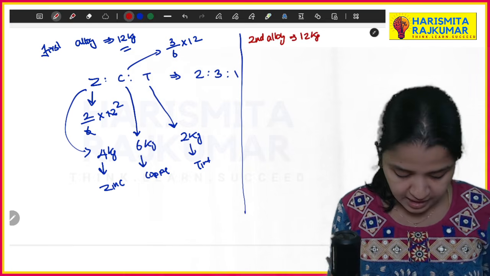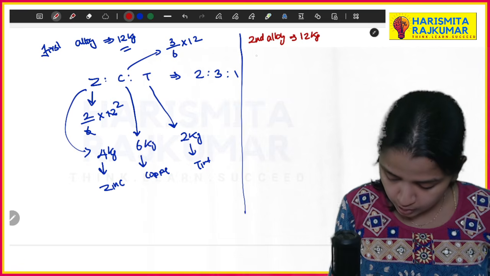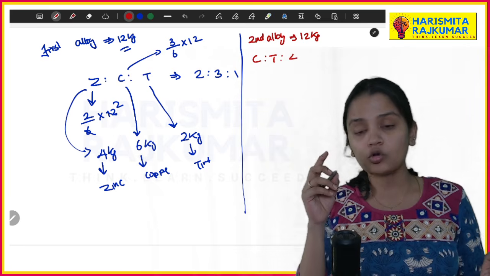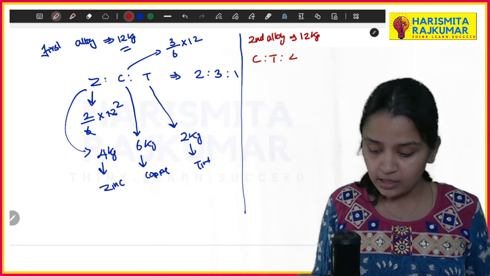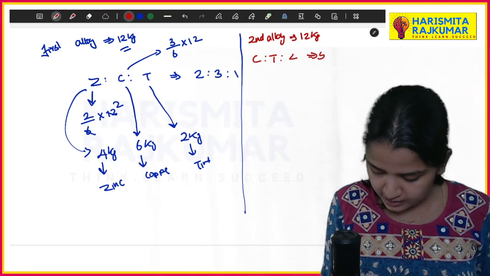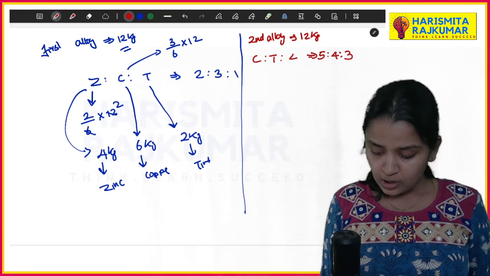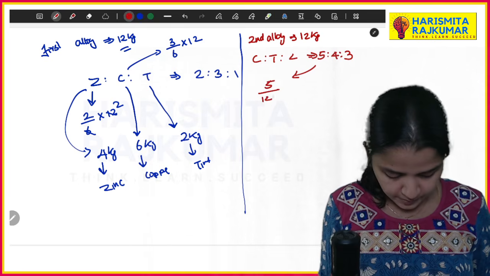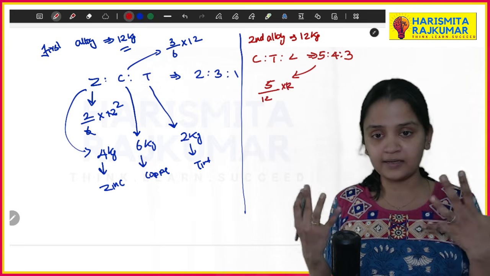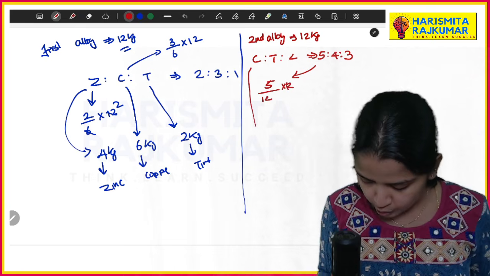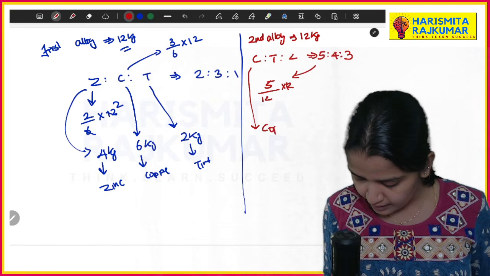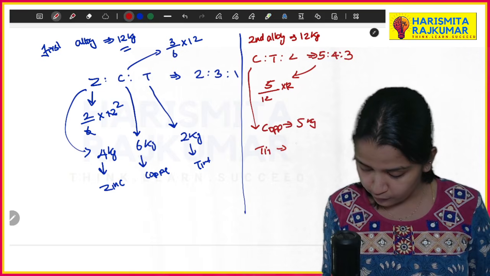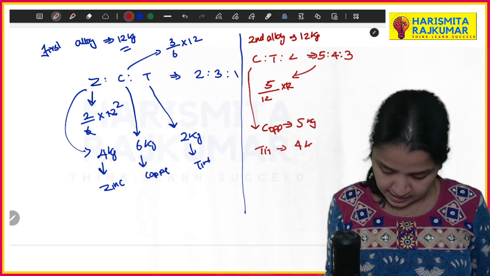Copper is to tin is to lead is 5:4:3. So it will be 5 by 12 into 12, where the denominator and numerator cancel. So copper has 5 kg, tin has 4 kg, and lead has 3 kg.